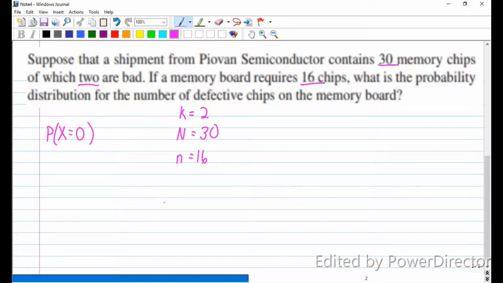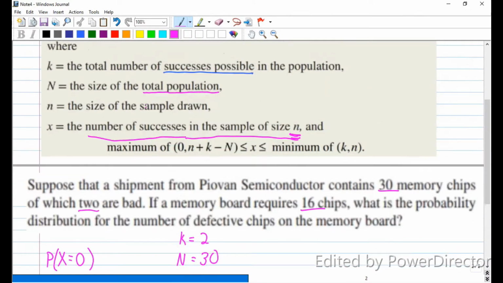All right, so the problem that I made up from all this information is, what's the probability that the memory board will have no defective chips? Okay, so to do that, I'm going to have to use that long formula up here.